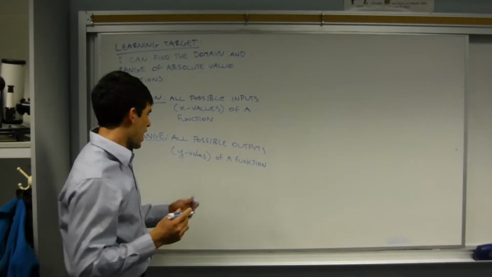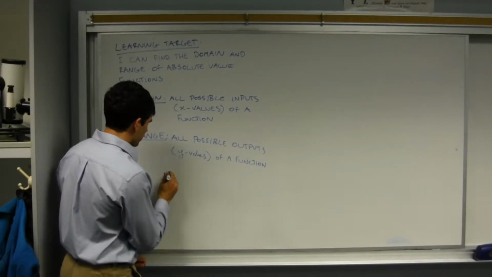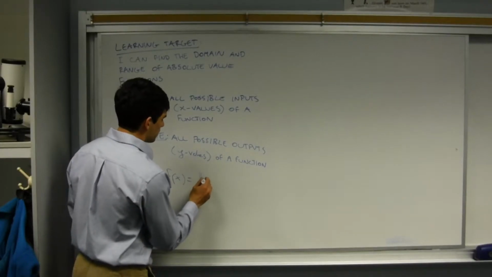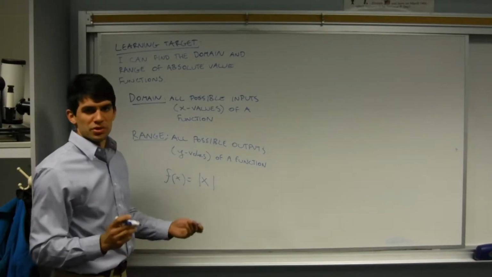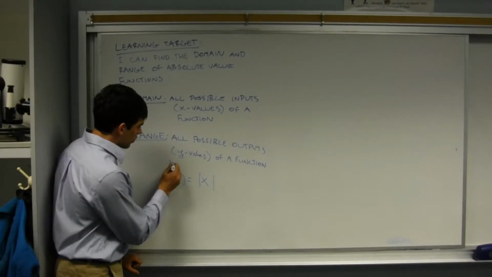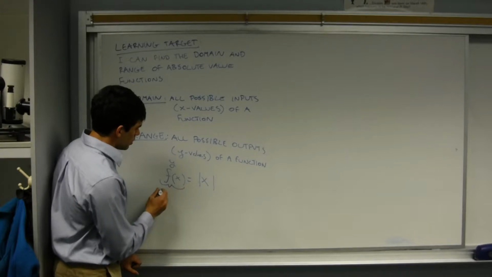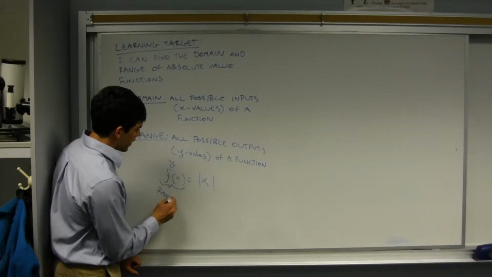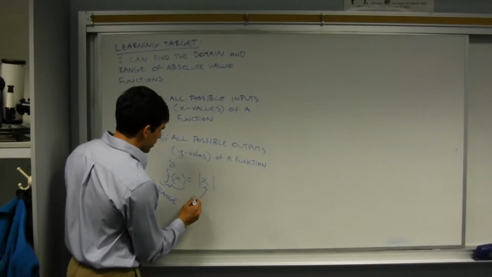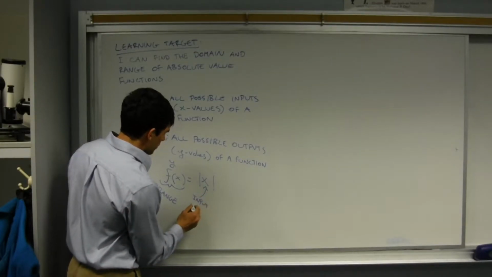So again, in the absolute value function, we would have f of x is equal to absolute value of x. That's the most basic absolute value function. So f of x, or y, would represent our possible values from our range, whereas x, our input, would represent our domain.